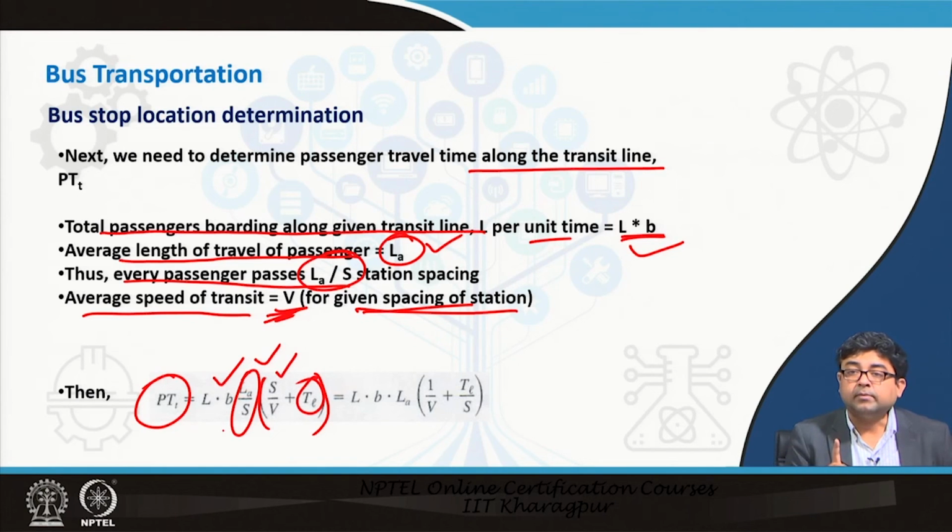TL is, remember, the lost time, the transit line has to stop and restart every time there is a station.